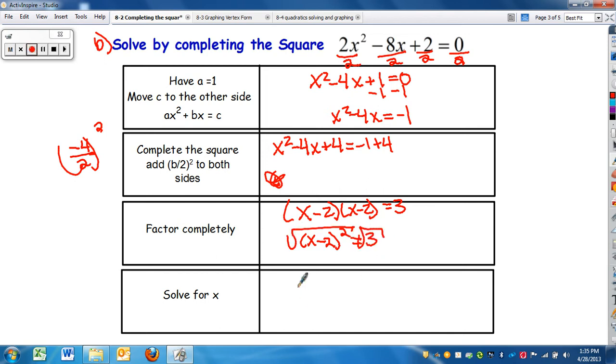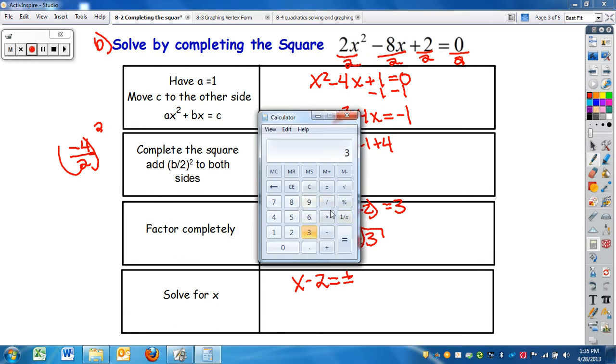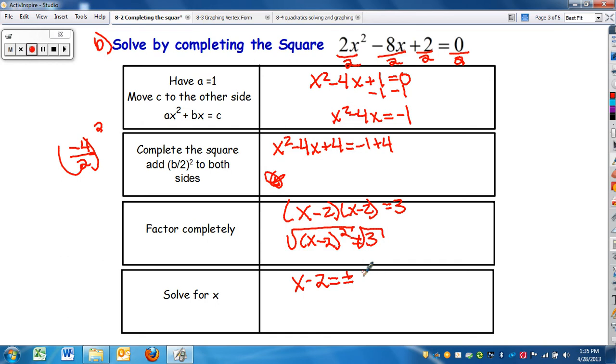Square root. You get x minus 2 equals plus or minus, let's calculate the square root of 3, 1.73. Do my 2 equations.